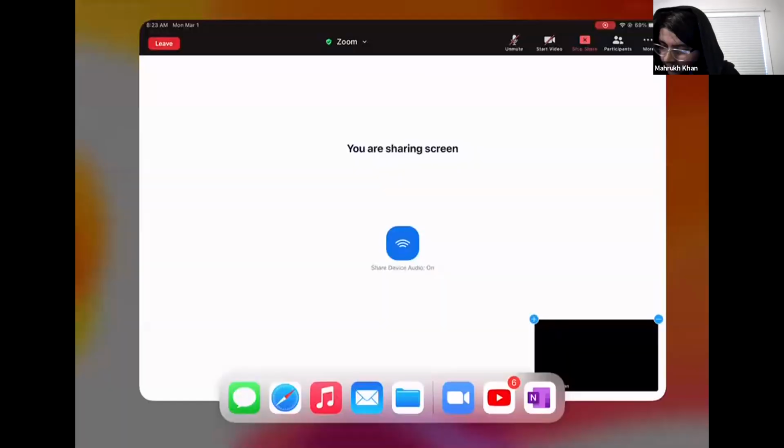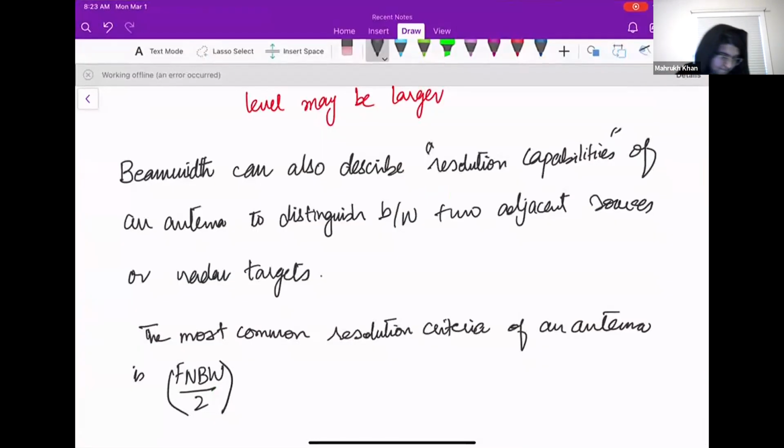Okay, so I will solve an example in which we will calculate half power beam width.